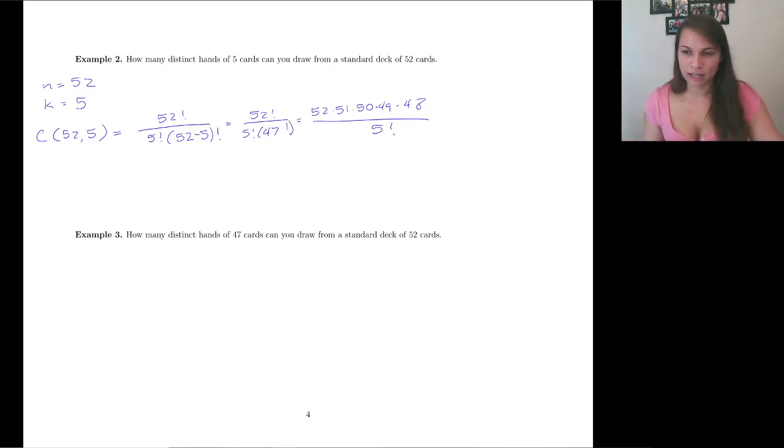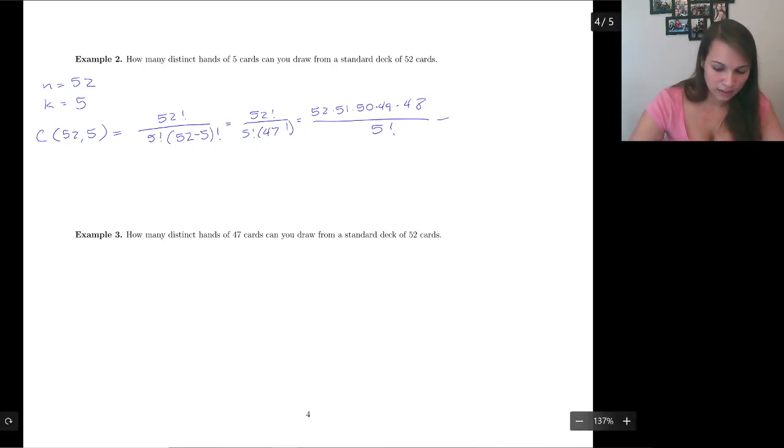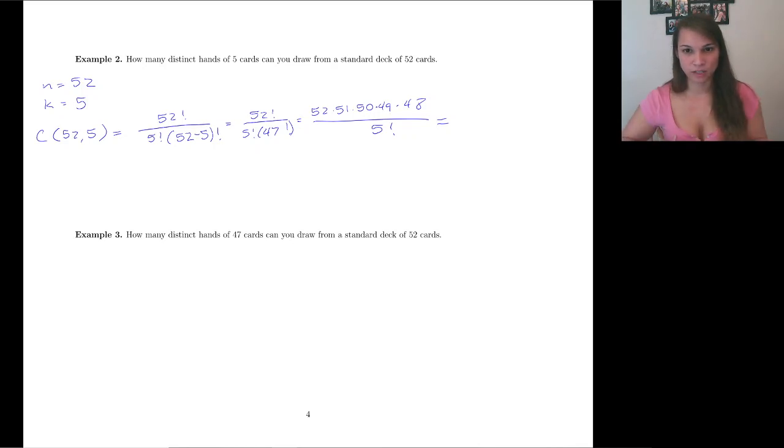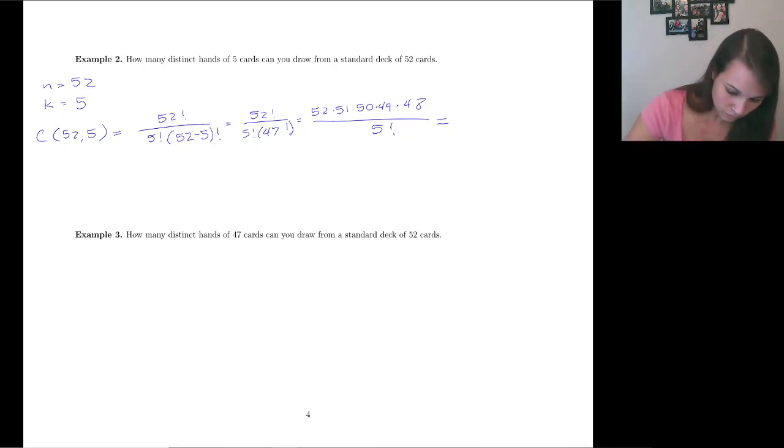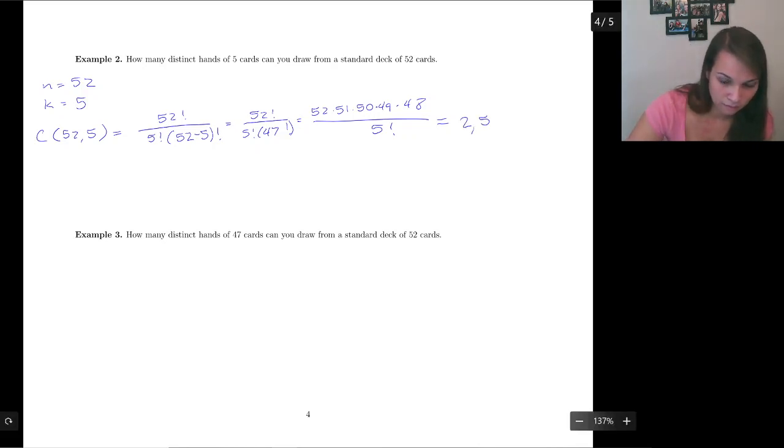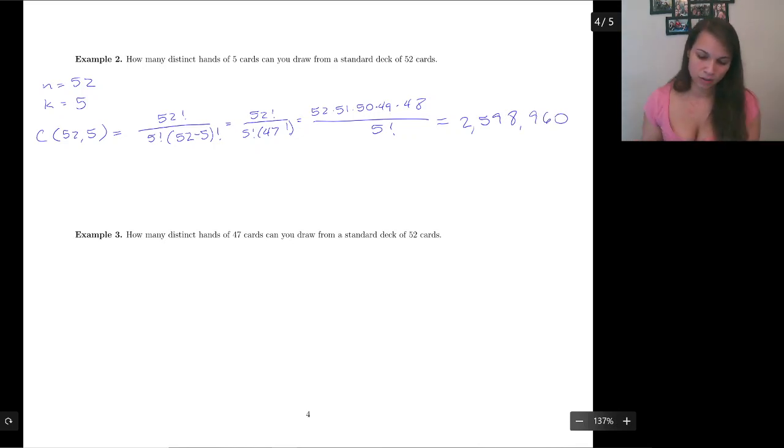You're going to see that's the number that came up when I was discussing how to do this using the division rule and product rule by themselves. And then it's 2,598,960.